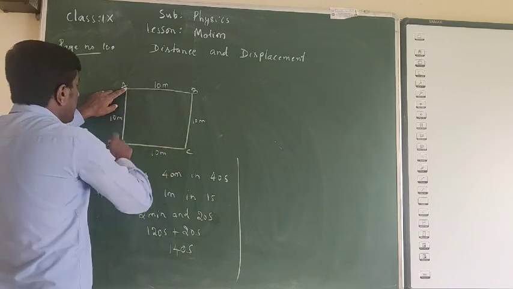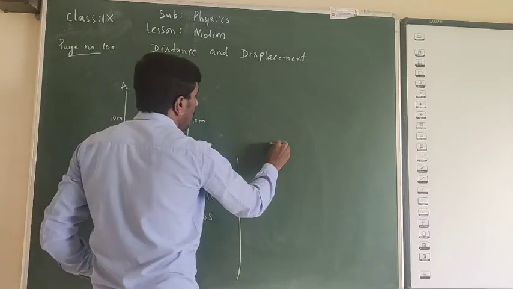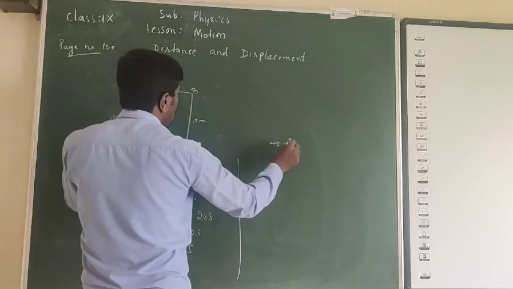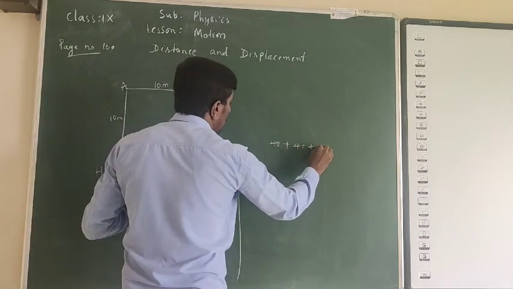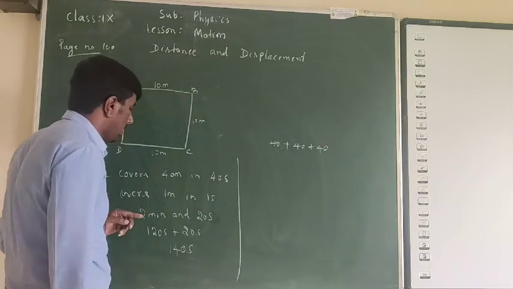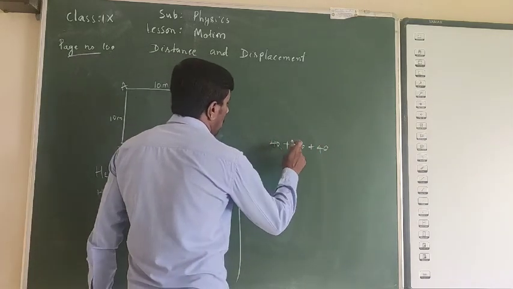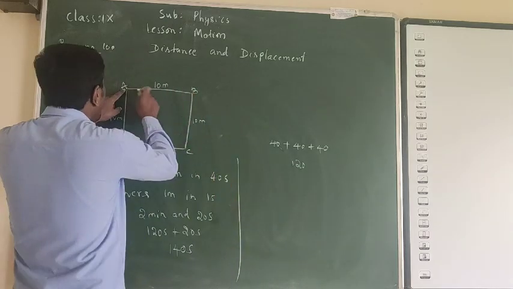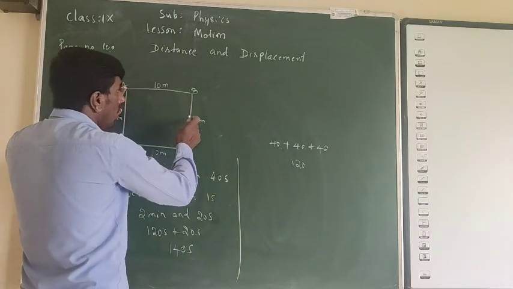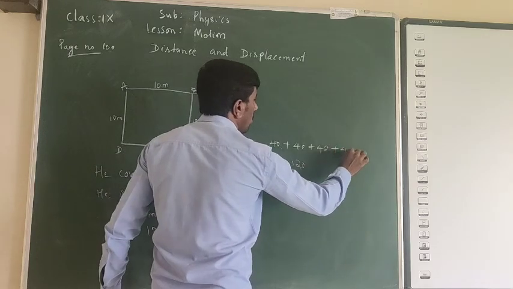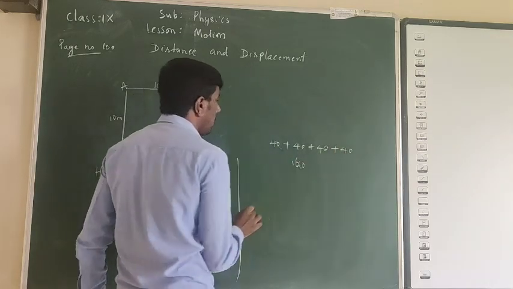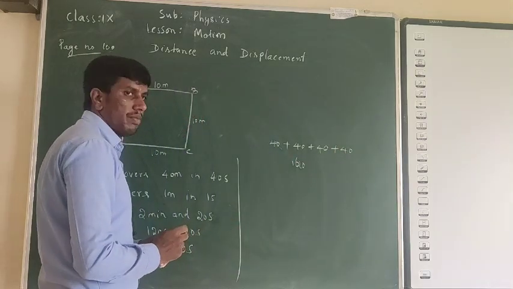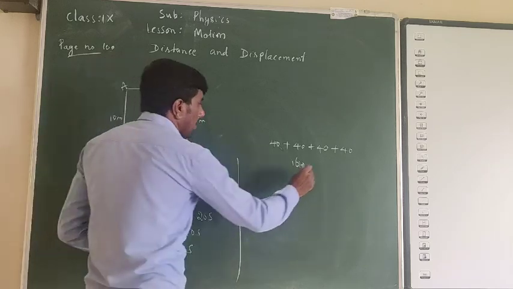For 1 round it is 40 meters, second round again 40 meters, third round 40 meters. So 40, 80, 120 in total if he completes 3 rounds. If he completes 4 rounds, it becomes 160, correct? But we have only 140, right?